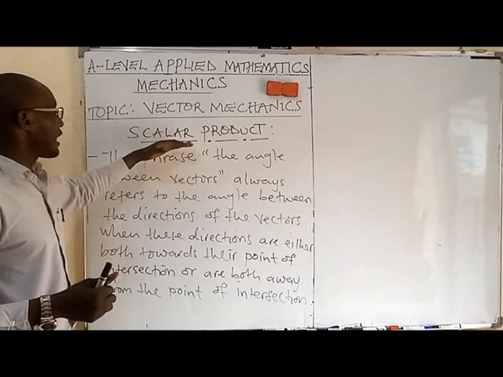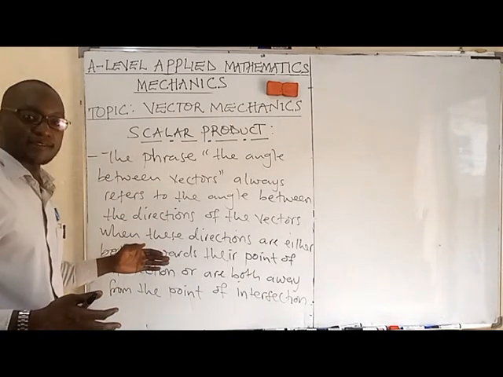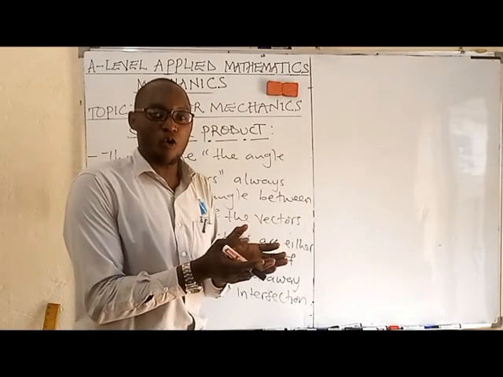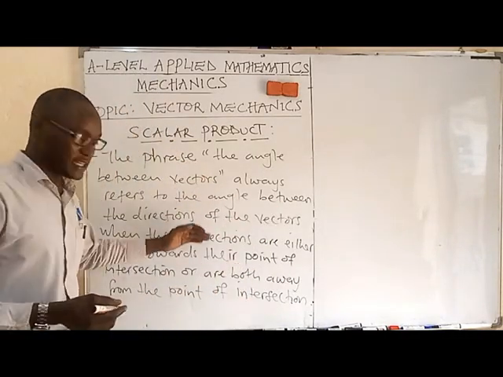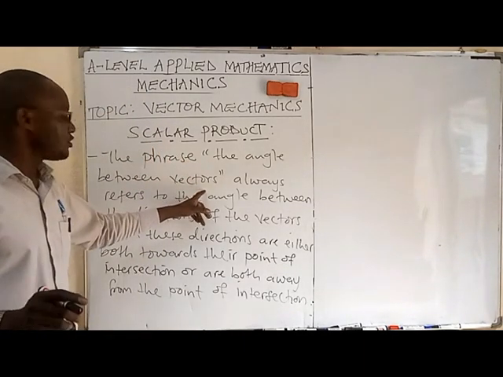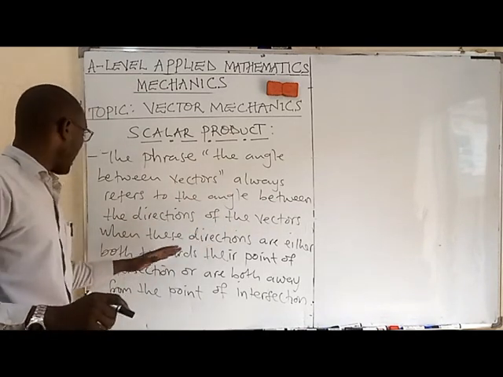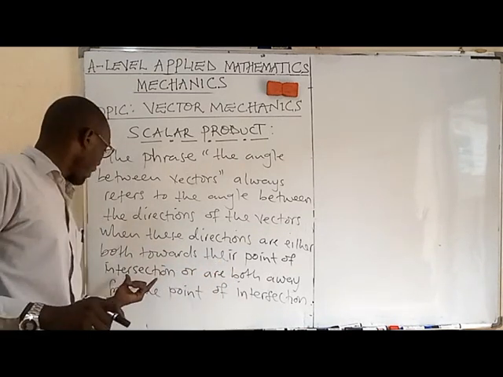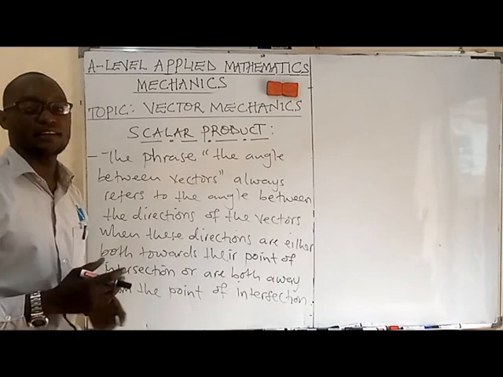If it comes to scalar product, there are some facts which we are supposed to know. And one of the facts is this. People in their diagrams are going to get difficulties in getting the angle between the vectors, something which is very simple. So I've quoted it for you: the angle between two vectors always refers to the angle between the directions of the vectors when these directions are either both towards their point of intersection or both away from their point of intersection.